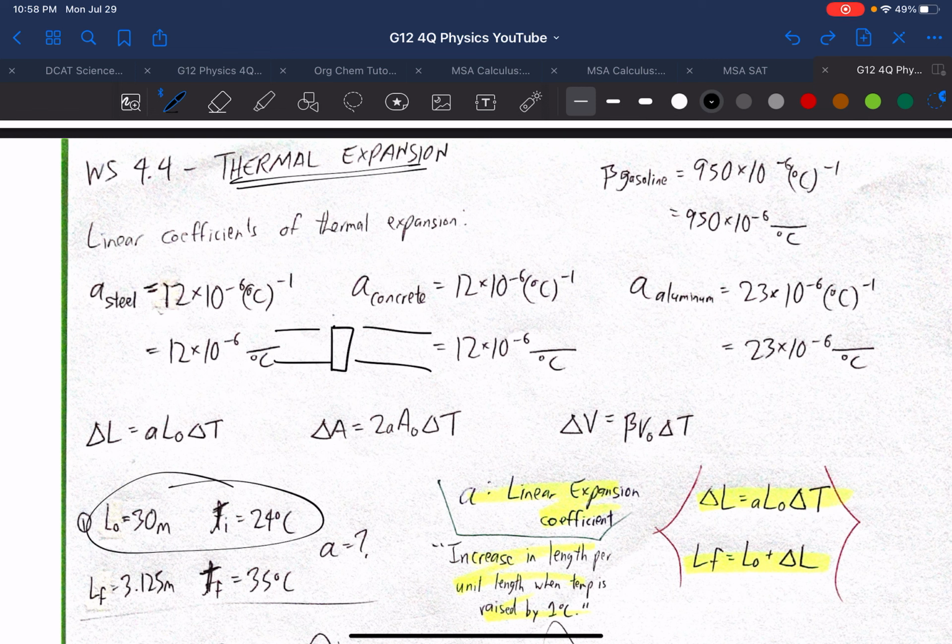If the concrete heats and reaches a certain point where it starts to expand, basically when temperature rises significantly, certain solids can expand.